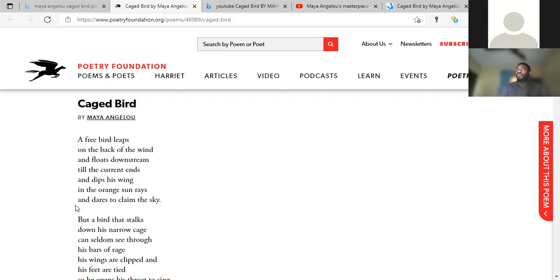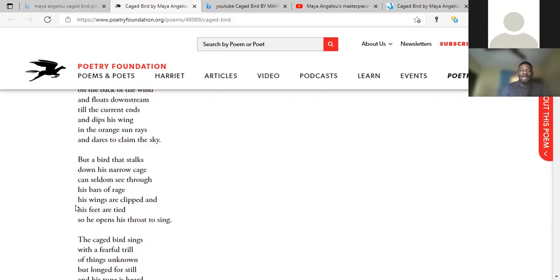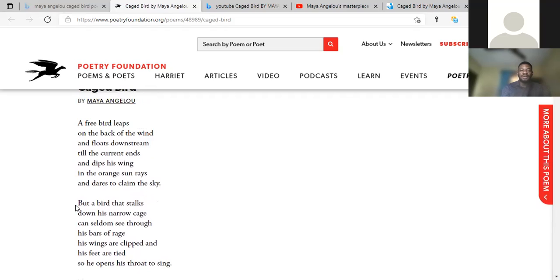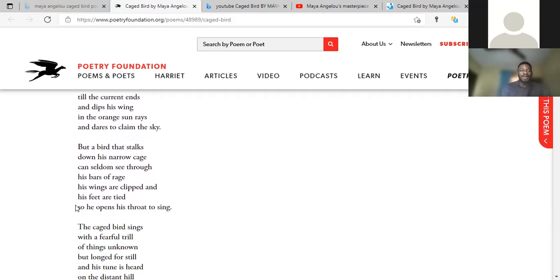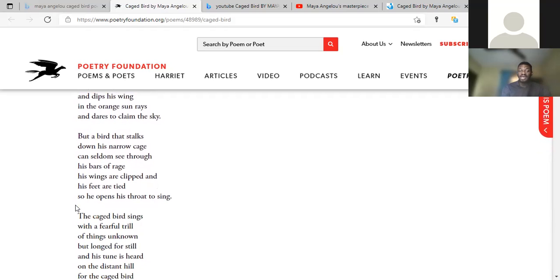If you wish to see how this plays out, you see how she uses oppression here, in the sense of the second stanza that talks about the caged bird and how its wings are clipped and its feet are tied. This means that somebody must have put that bird in the cage. Somebody tied the bird's legs. Somebody clipped its wings.